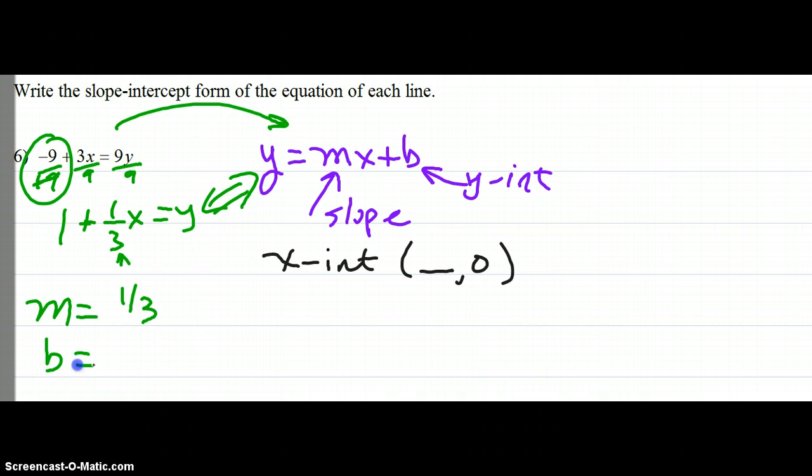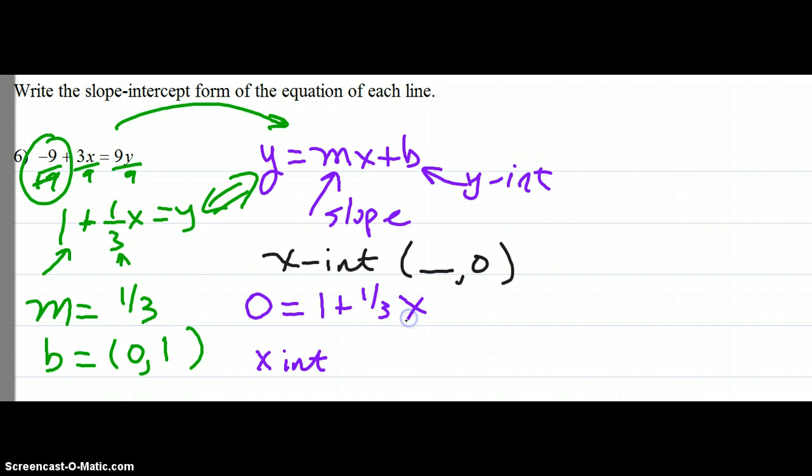The y-intercept we recognize is when x equals 0. So if x is equal to 0, y will equal 1. And then what I saw the other day was a lot of us didn't know that the x-intercept is when y equals 0. So if you substitute in y equal to 0 and solve for x, that's how you get the x-intercept.